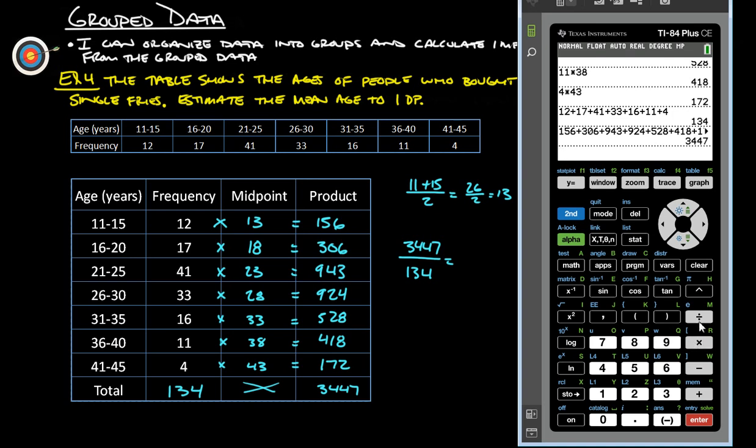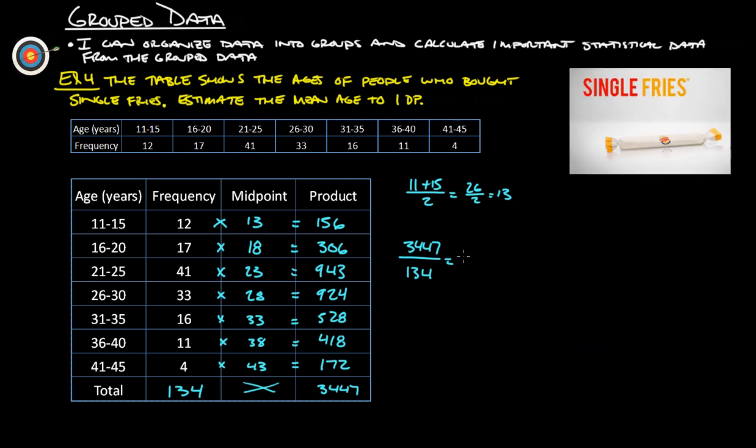There's our 3447, divide by 134, and we get 25.72, so 25.7 years is the mean age of people who buy single fries.